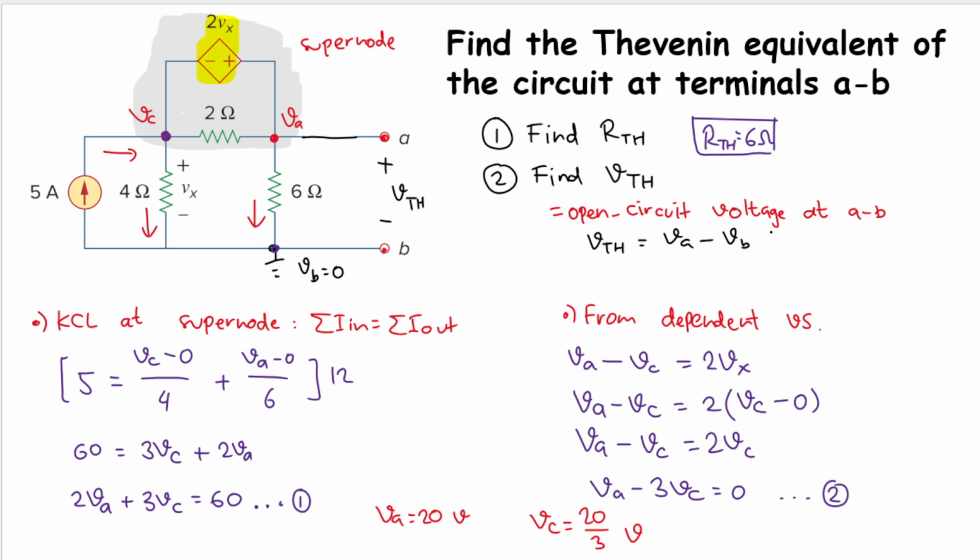Because this is our ground. So we will have it equal to VA. Therefore, we know that our VTH here is equal to VA, which is 20 volt. Okay, very good, because we have VTH and RTH. Okay, let's clean up the board and let's make a conclusion here.